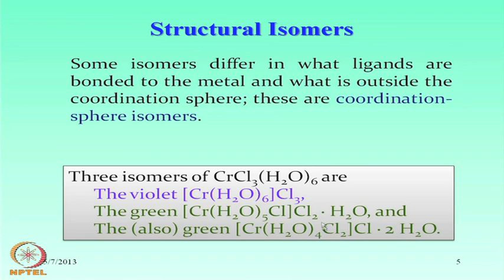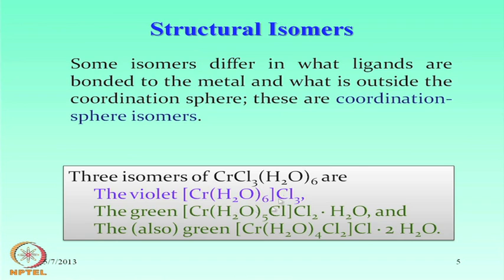Similarly, we can have the possibility that a second chloride group goes and binds to the chromium center, and that gives rise to another formation, but the water content is again going out from here. That means two of the water molecules will be crystallized as two waters of crystallization.